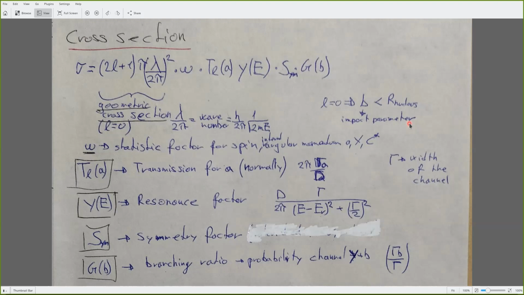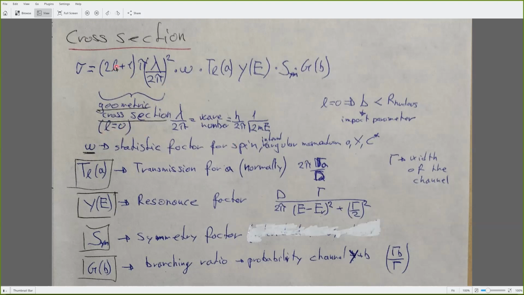This is a little different. Here you can calculate the angular momentum of the projected particle with respect to the target. So it's quantum, and to check, the value has to be smaller than the radius of the nucleus, because if it's bigger, obviously they are missing.